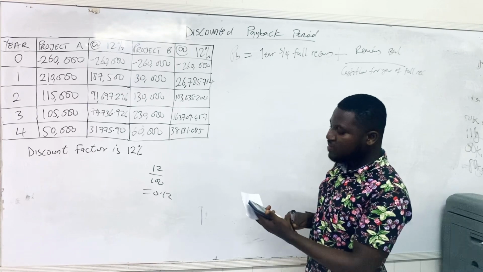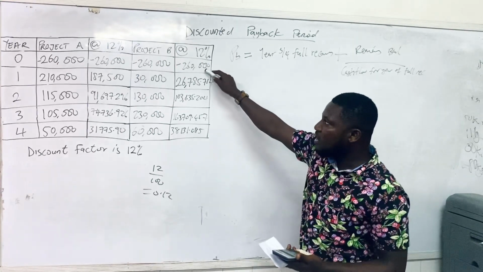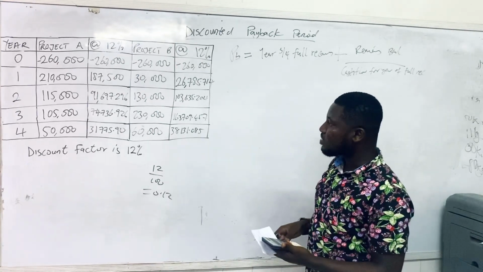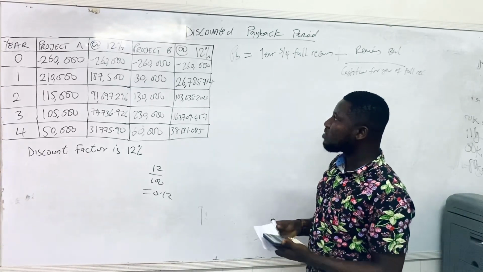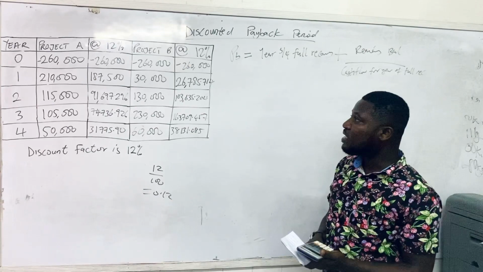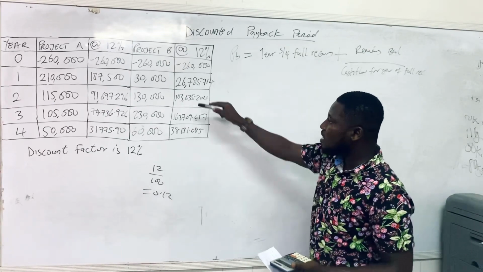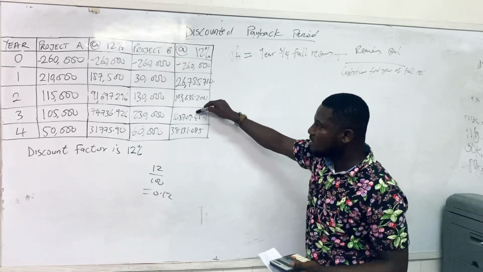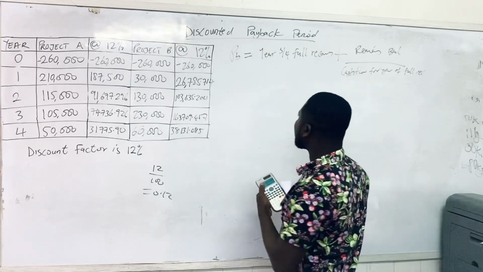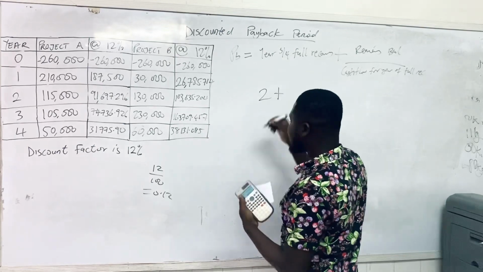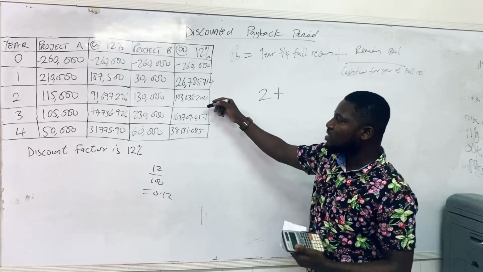That is giving us about 130,000, but our initial investment is 260,000. So we would need about 130,000 more to recover our initial investment. And so we are going to get that remaining balance in the third year. So the year before full recovery is 2, because it is after 2 years that we are going to make our full recovery in the third year.